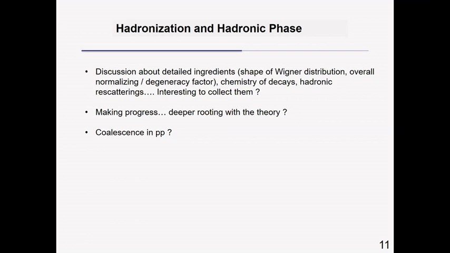I agree. Please, Ralph. Yes, I agree. I would also like to understand better in how far the various coalescence or recombination models that are being used compare to the equilibrium limit that, say, the statistical hadronization model has, right? From what I see, there can be rather large variations.